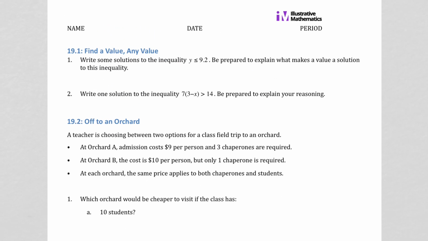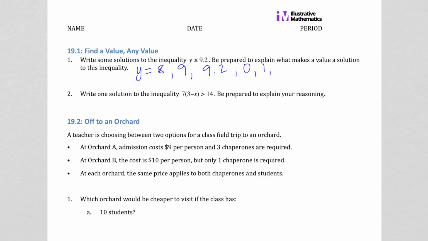Find a value, any value. Write some solutions to the inequality, and be prepared to explain what makes a value a solution to this inequality. So, let's see here. So y could be 8. Y could be 9. Y could be 9.2. Y could be 0.